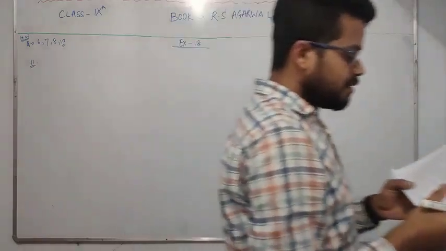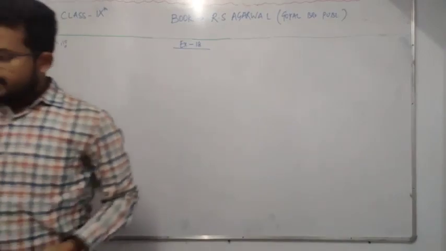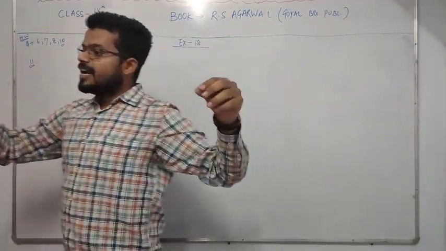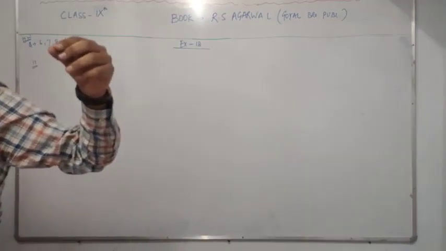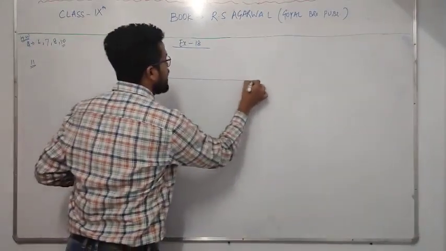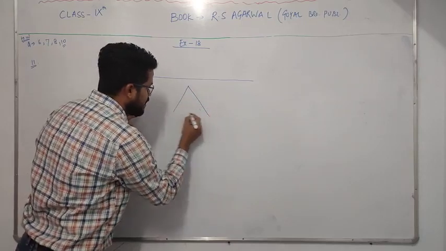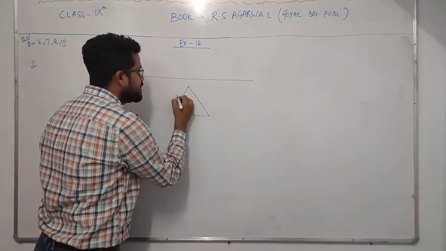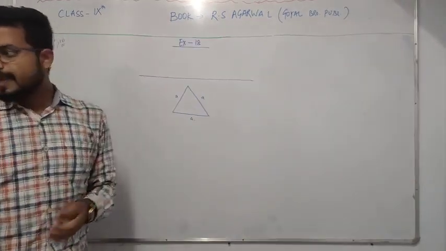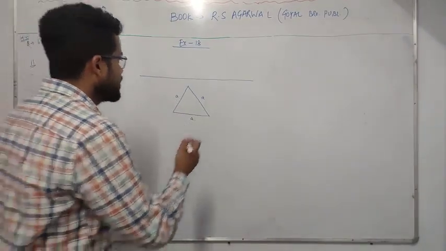Question number 11. A copper wire when bent in the form of an equilateral triangle. Just take an example: I have a wire, and I bend this long wire in the form of an equilateral triangle. In an equilateral triangle, the sides are the same. It has an area of 121 root 3 centimeter square.